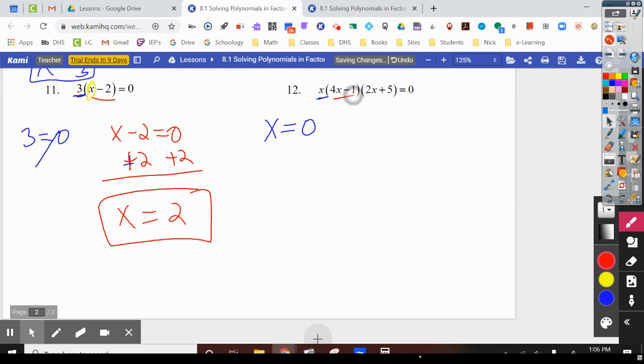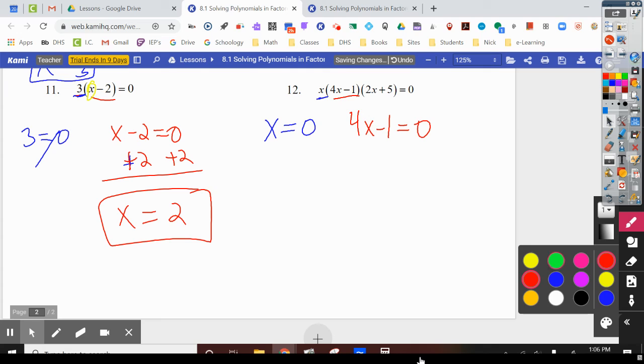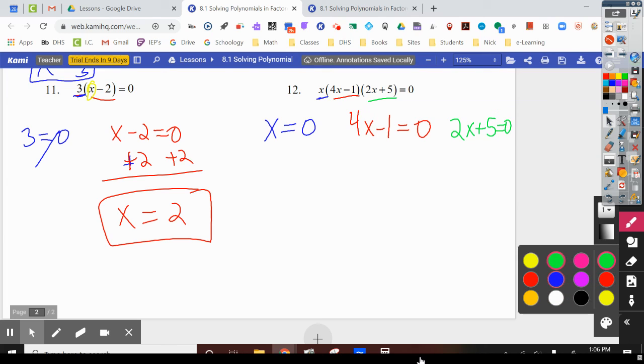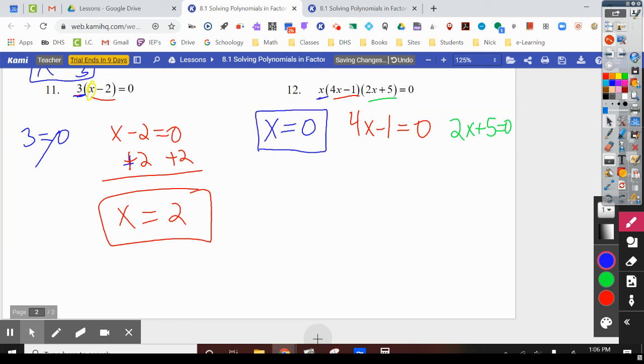We're going to set our second polynomial expression equal to 0: 4x minus 1 is equal to 0. And we're going to set our third polynomial expression equal to 0: 2x plus 5 is equal to 0. And we're going to solve all 3 of these. Oh, wait, x equals 0. Boom, I'm already done with that one. That is a solution. x is equal to 0, so that is a solution.